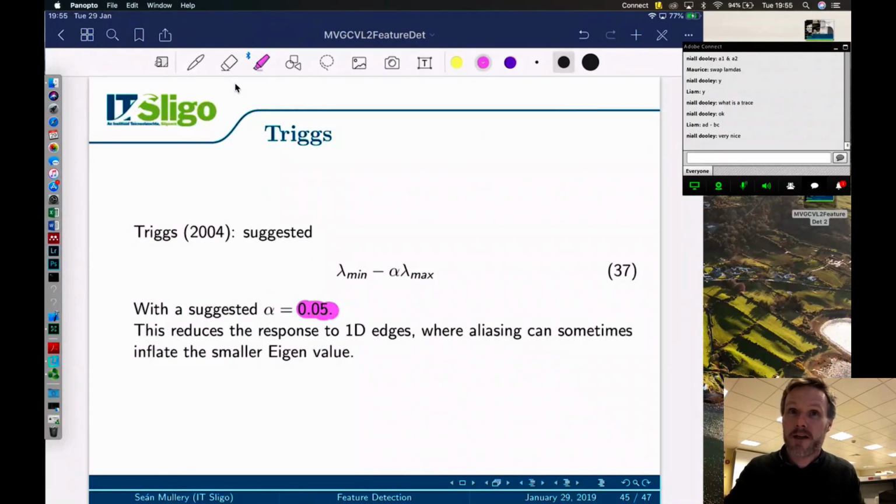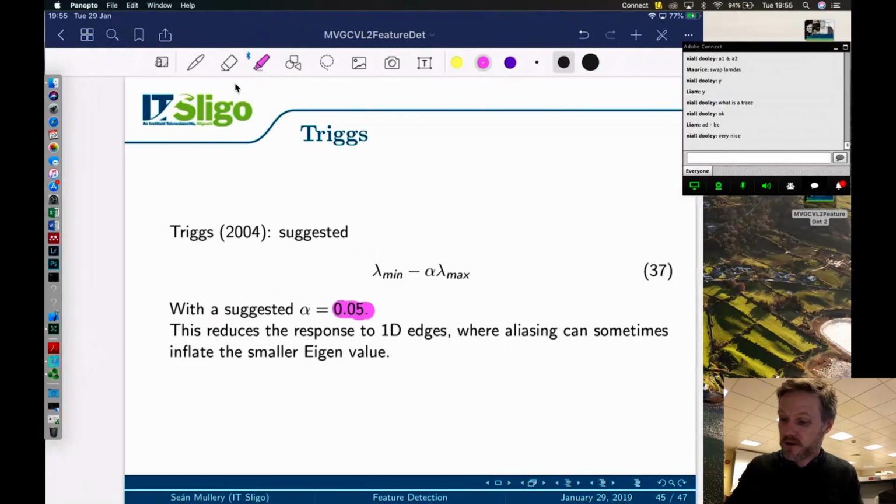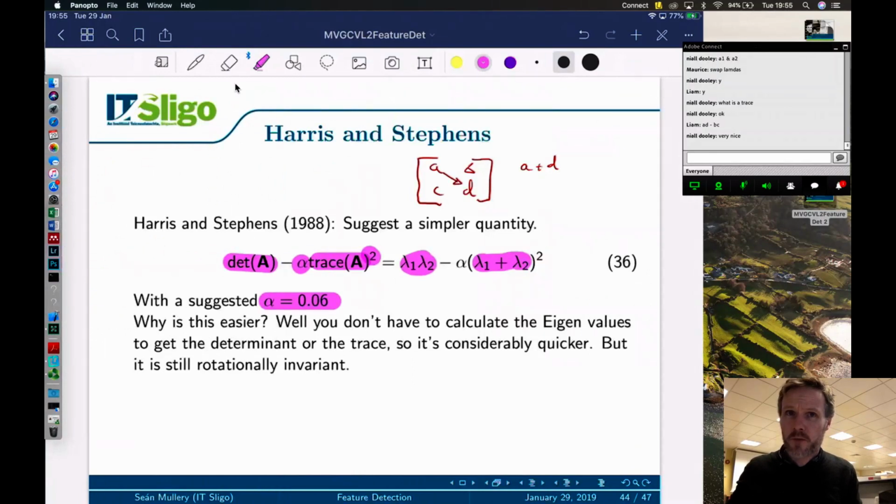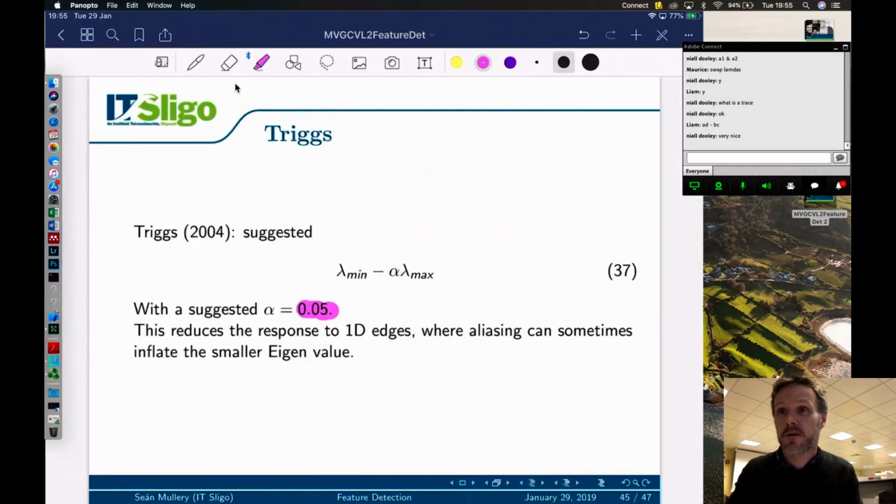More than likely, they found that some of these were pretty good, but there was an awful lot of edge cases where it didn't work in certain applications, so they suggested other ones and got their idea published. But again here you've got to calculate your lambda min and your lambda max. So presumably they're saying this is a bit more robust, but not as computationally efficient.